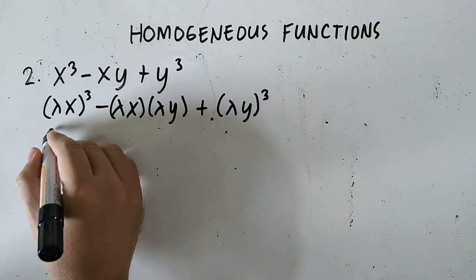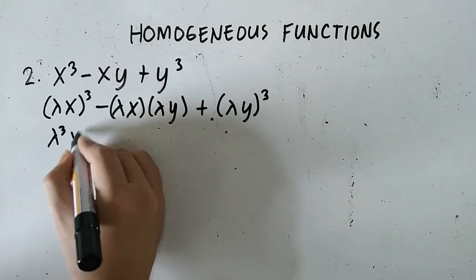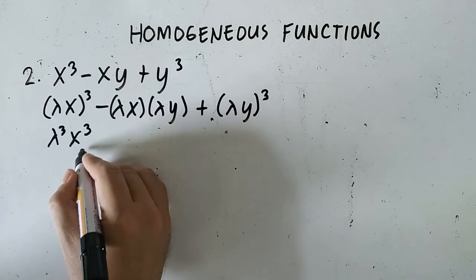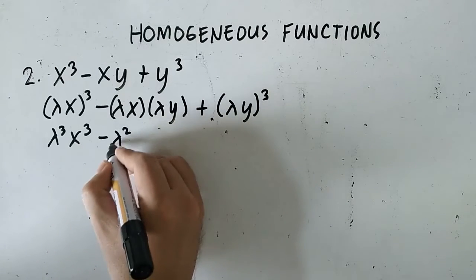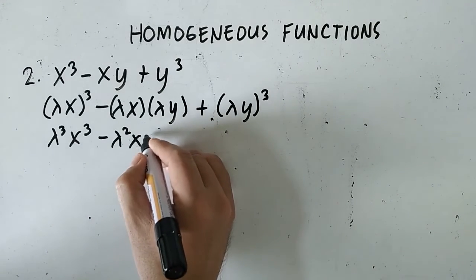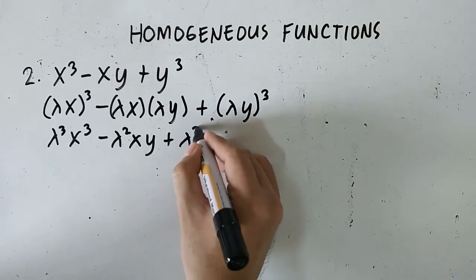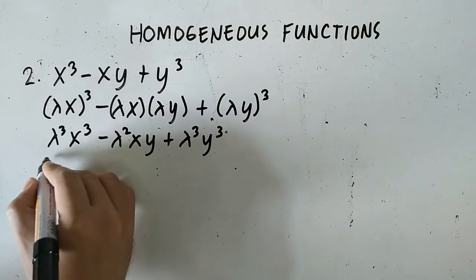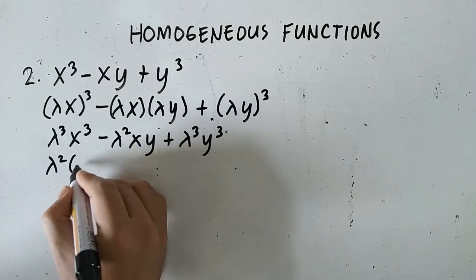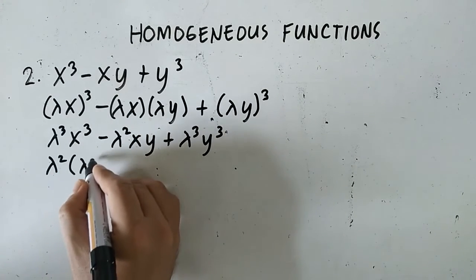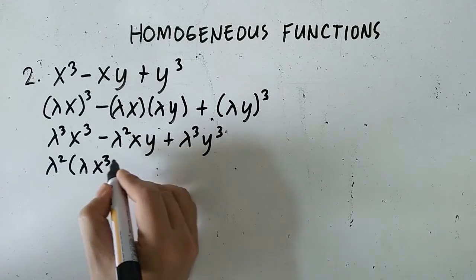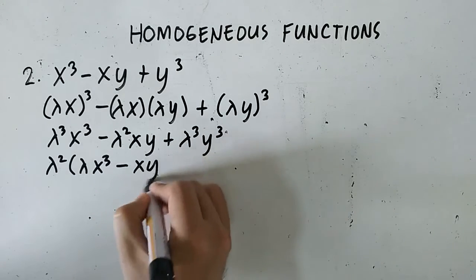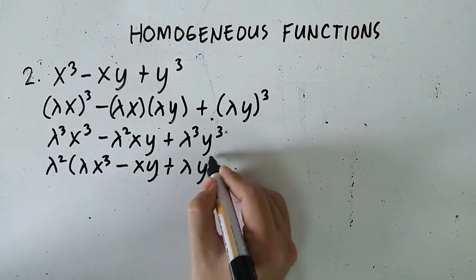But just to continue the process, we have lambda cubed x cubed minus lambda squared xy plus lambda cubed y cubed. And since we cannot factor out the lambda without having a lambda inside, because we can actually factor out lambda squared, but then we will have lambda inside the function, lambda x cubed minus xy plus lambda y cubed.